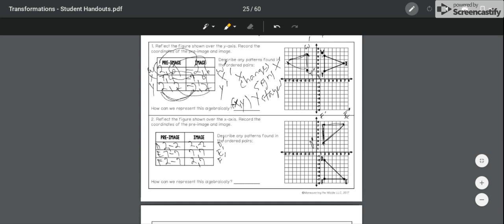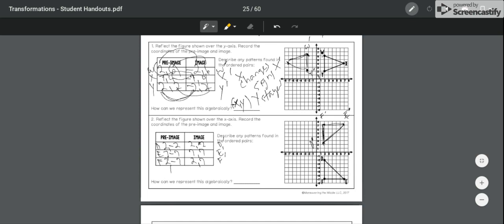Now let's look for the patterns. If we look at the ordered pairs, we notice the x has stayed the same this time, and the y, whoops, I wrote that wrong. This should just be a plain 2. I did write that, but it's hard to tell. And the y changed. And then here, the x stayed the same, and the y went from -7 to 7. And then here, the x stayed the same again, and the y went from -7 to 7.